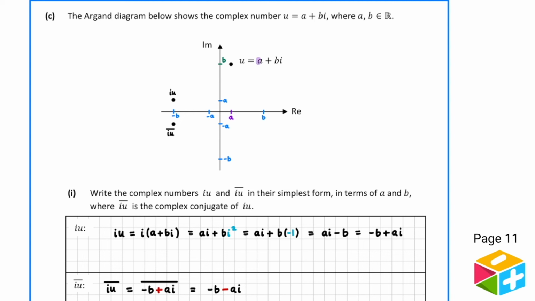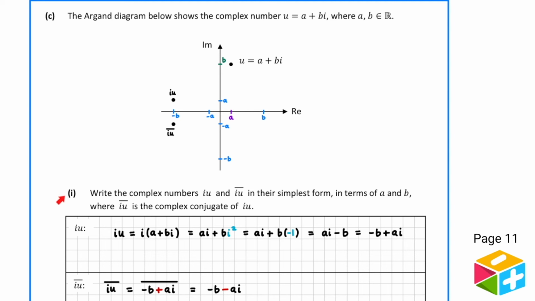The real part of our number is A, and the imaginary part is B. Equipped with these labels, we can roughly mark out minus B, minus A, and B on both the real and imaginary axes. This will be very useful for when we're asked to plot complex numbers later in the question.